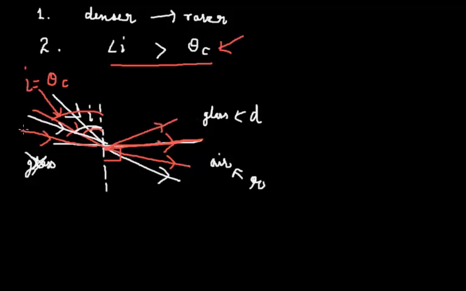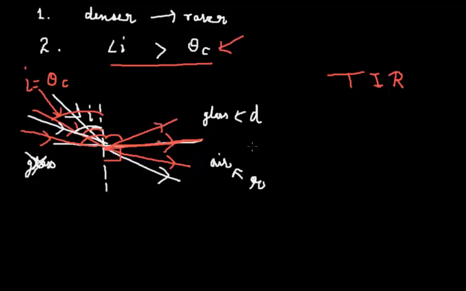So this particular case is considered as total internal reflection, when the light ray comes back into the same medium, and it will satisfy the properties of reflection. So angle I will be equal to angle R in this case.